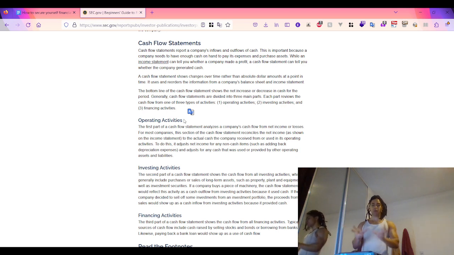Operating activities, the most common ones, are operating assets and liabilities.